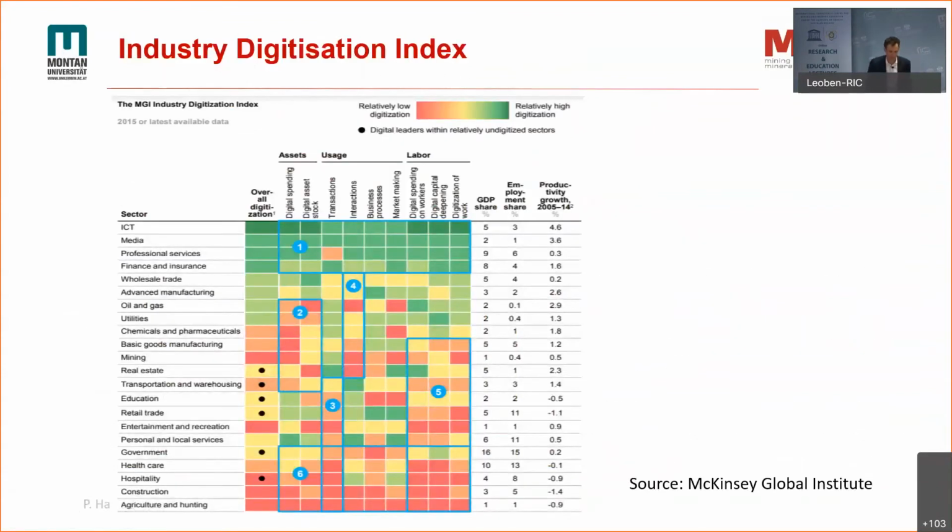Just slow. If you take a look at this one, this is the Industry Digitalisation Index published by McKinsey Global Institute. What it basically shows in green to red is how well digitized an industry is. When you take a look at the top lines here, you have ICT, you have media, you have lots of professional services.